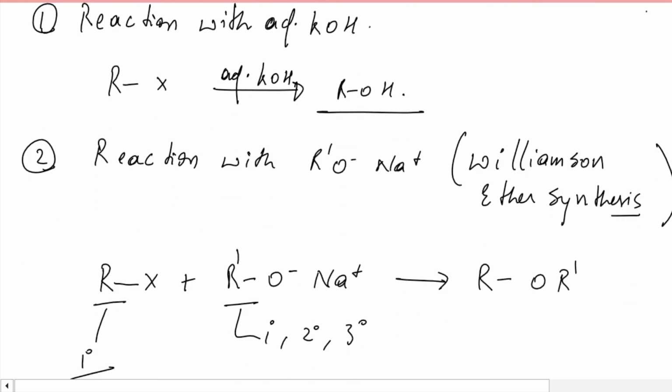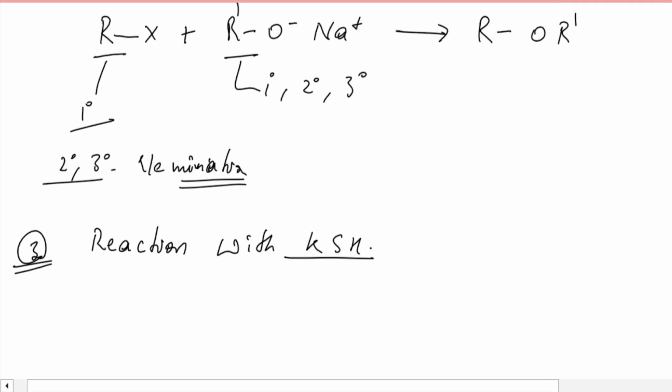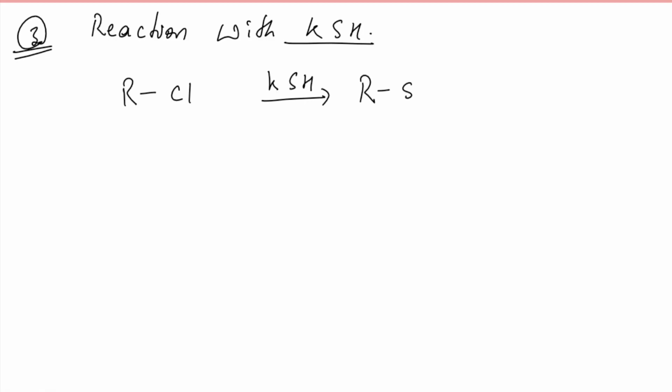The same reaction we will be studying in ethers also. There we will be discussing in detail. Next is reaction with KSH. RCl reacts with KSH to form RSH plus KX.